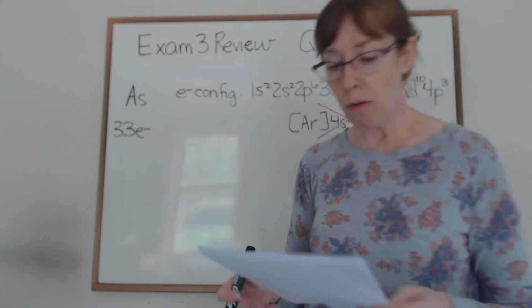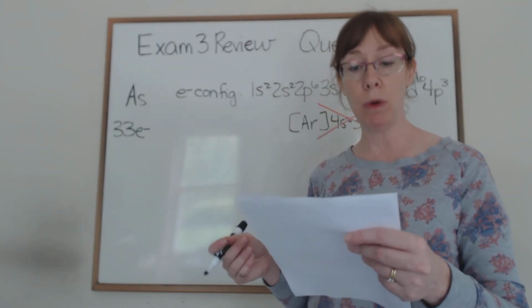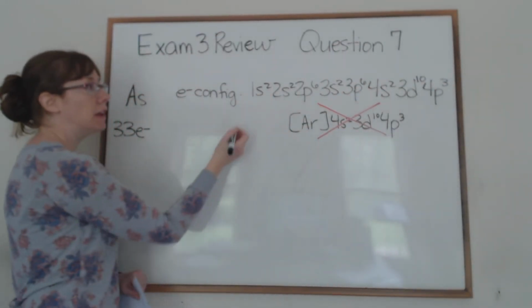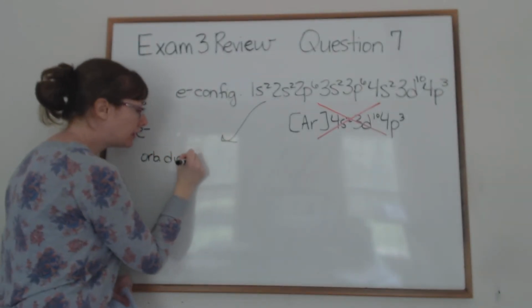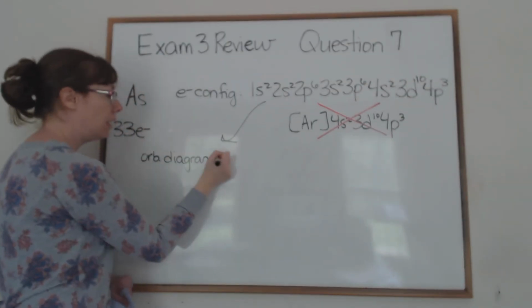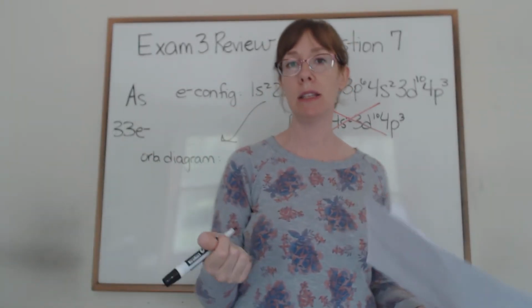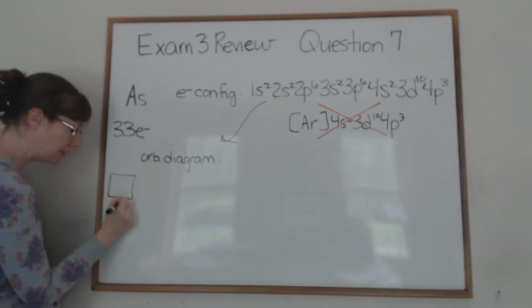Anyhow, how many unpaired electrons are in an arsenic atom, and which orbital sublevel are they in? From the electron configuration, you can write an orbital diagram. I'm just going to do the whole thing, because you don't really have to do the whole thing for this question. If you are pretty good at this, you can see it's a pretty easy answer. But let's just do it in case some people are still feeling unsure.